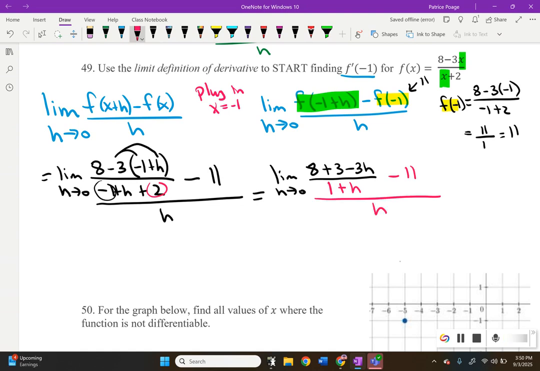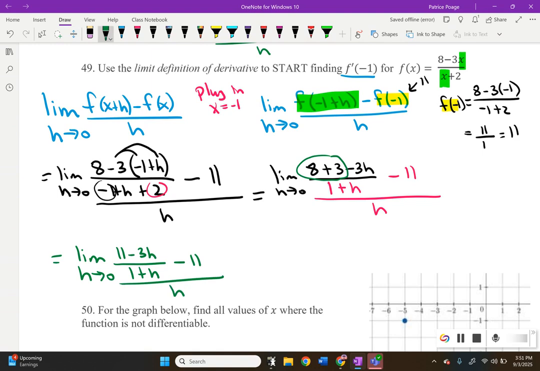The only thing I'm left to combine is I can combine that 8 and 3 right there. So I'll have the limit as h goes to 0 of 11 minus 3h over 1 plus h minus 11 all over h. And that's as far as I can go without getting a common denominator.